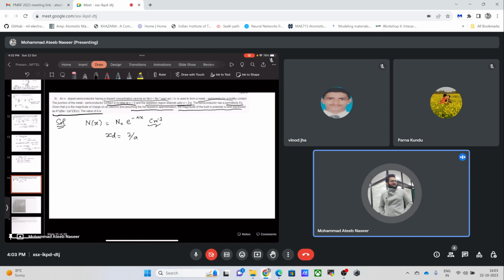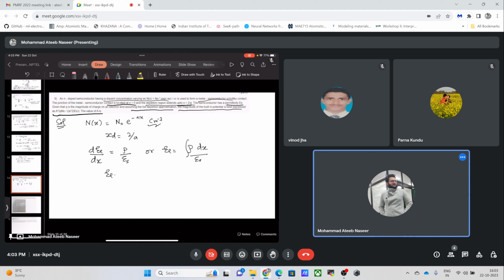Now let me first use Gauss's law, which says that since this is a 1D problem, dE by dx will simply be rho by epsilon s, where epsilon s is the permittivity of this material. Or simply, the electric field will be the integral of the charge density divided by epsilon s.